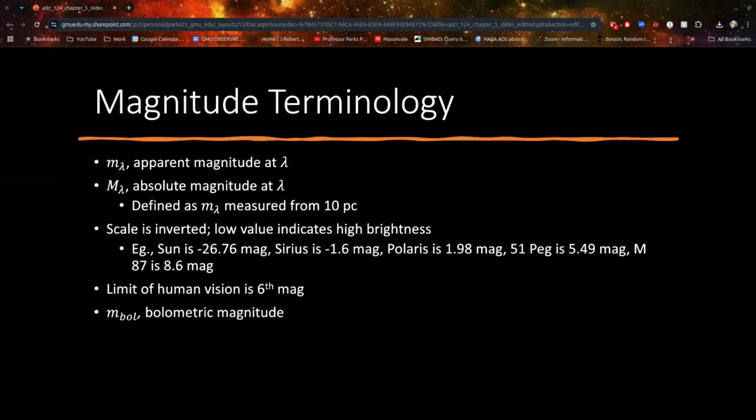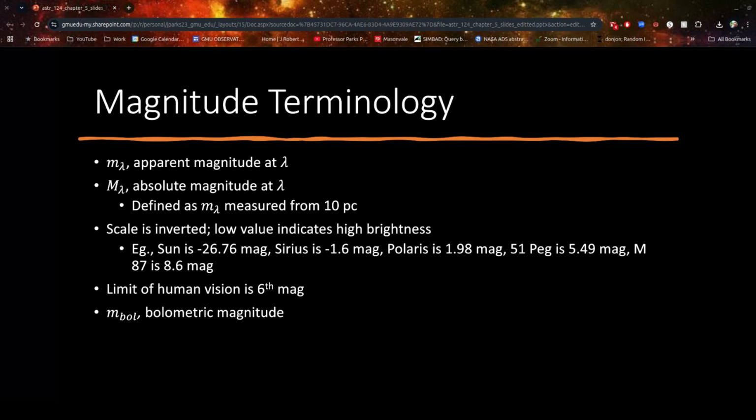It's a way to make it more of an absolute measure as opposed to a relative measure, because apparent magnitude is dependent on two things. One, the intrinsic brightness of an object, but also the distance away from it. You can imagine you have a light, a candle and a flood lamp.